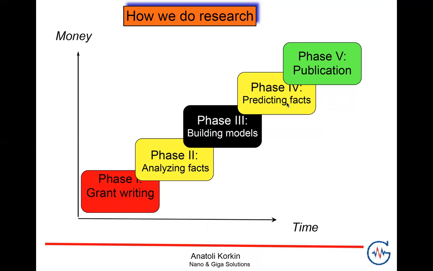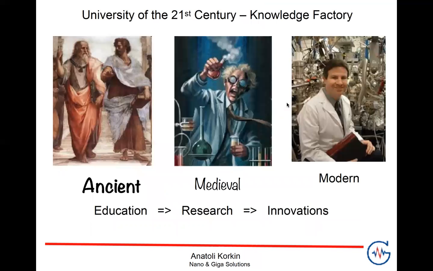In phase 3, we build such a model. Then once you build the model, you do the calculation, see what results you get, and compare them with the facts to see how much you have advanced your theory in understanding nature. In phase 5, finally, publication. You publish or perish. So that's a general picture.